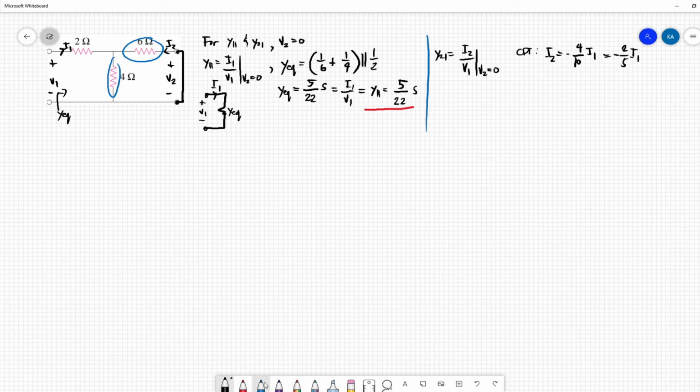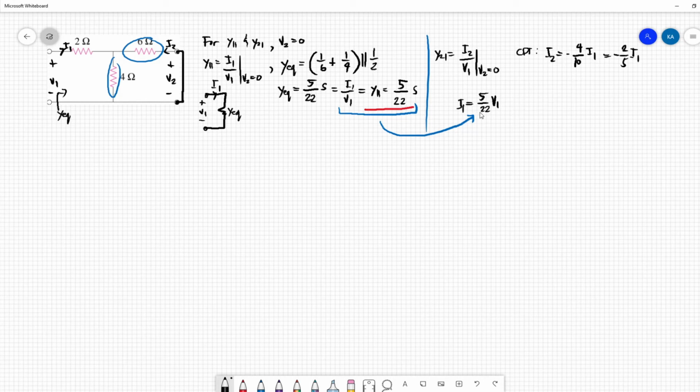Now using this equation, our I1 is just equivalent to 5 over 22 V1.